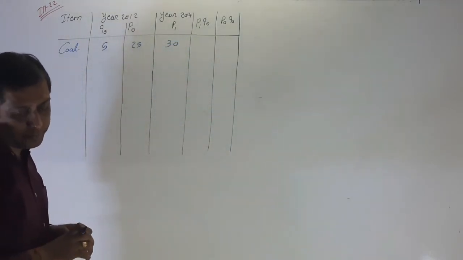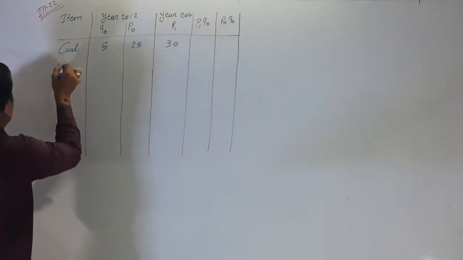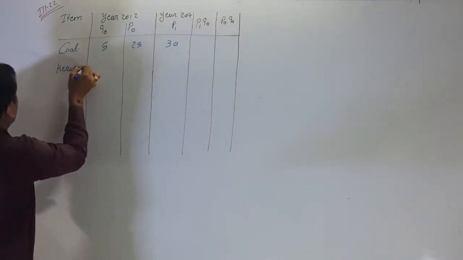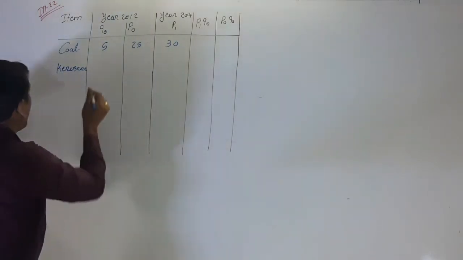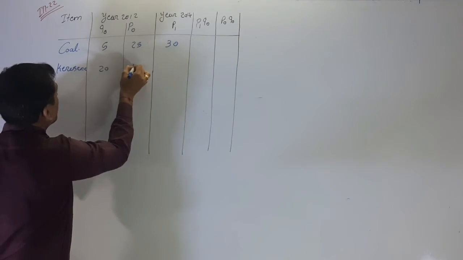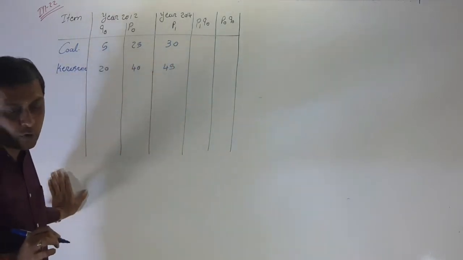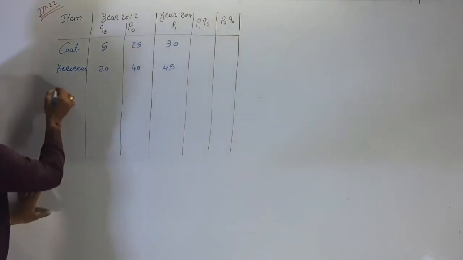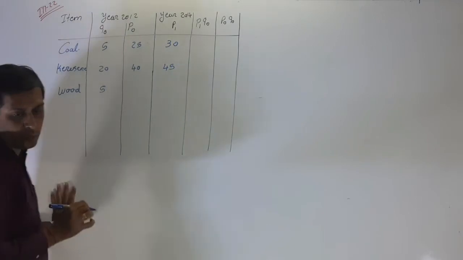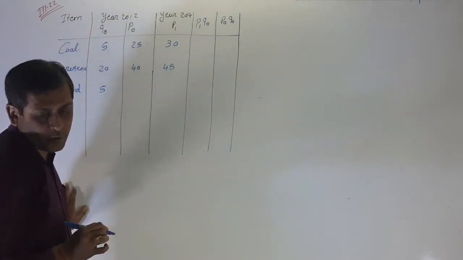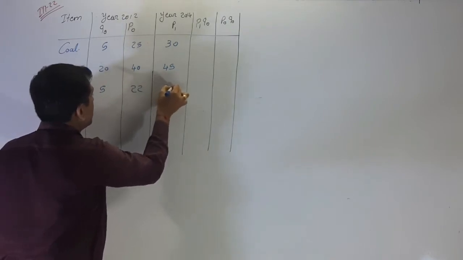Right? Then kerosene, 20 L, 40 and 45. Then wood, 5 kg, 22 and 25 is the price.